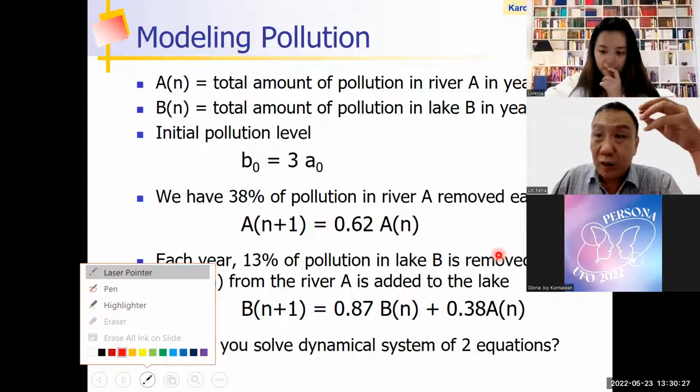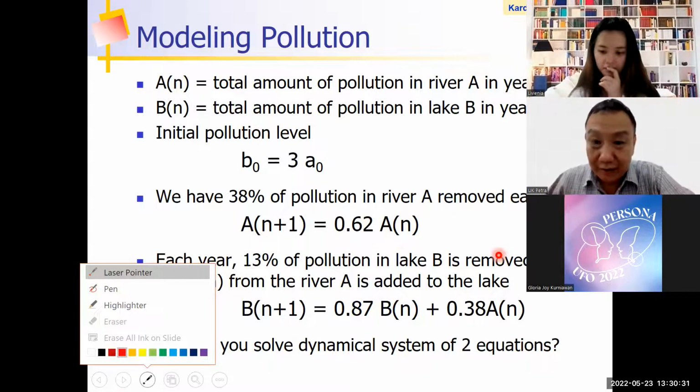Then you can substitute that An minus 1 into something else, for example Bn minus 1 equal to An minus 1. Then you will get a second order equation.